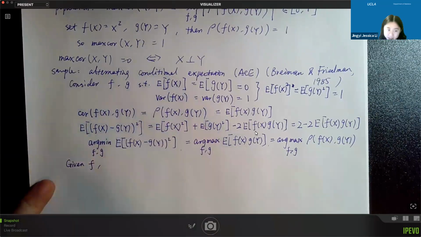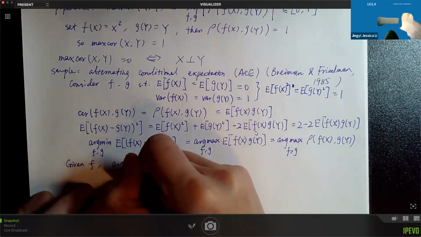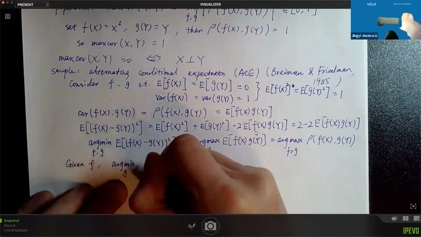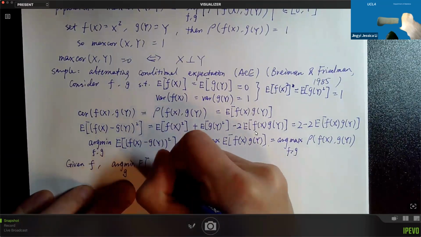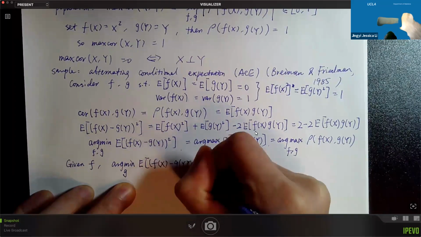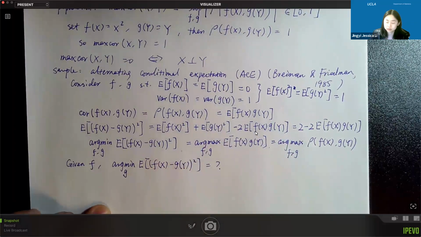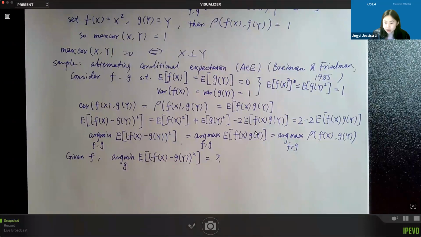Let's say f is already fixed, then what is the g that minimizes this expectation of f(x) minus g(y) squared? That's the first question we want to address. Given one function, how do we find the other function?